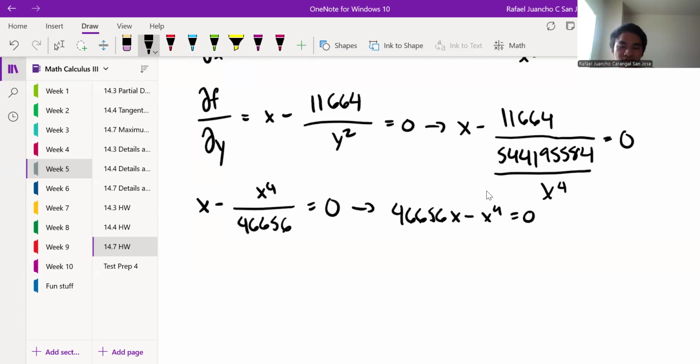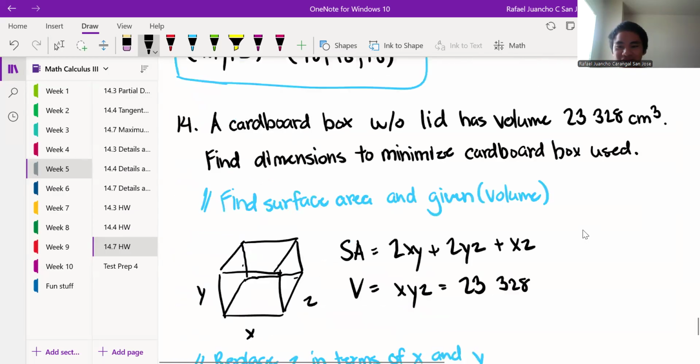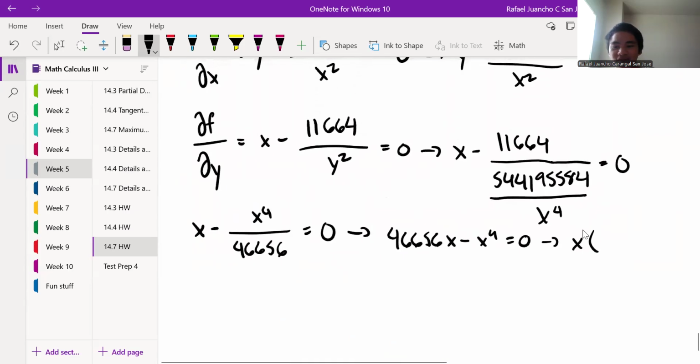I could factor it out and then factor out my x. I think it's the same thing I did in the previous one. Yeah, it's literally the same thing I did. That's funny. Then I factor it out, I get x times 46656 minus x cubed equals 0.